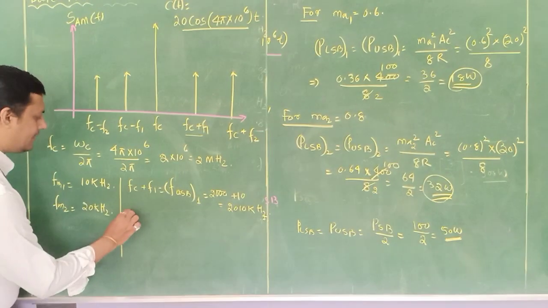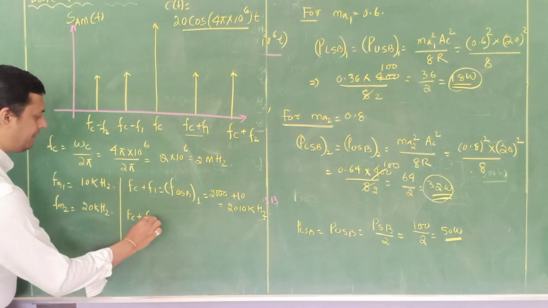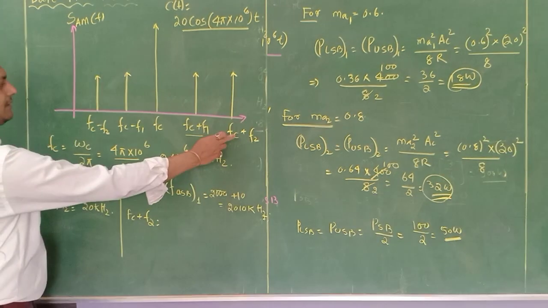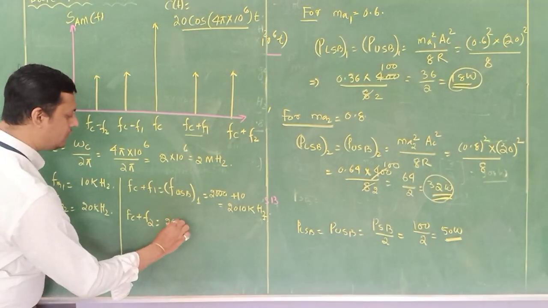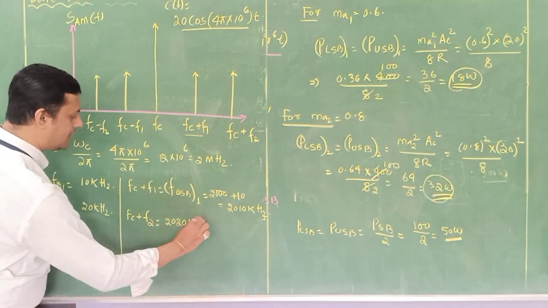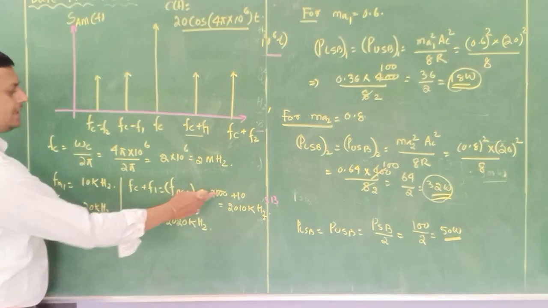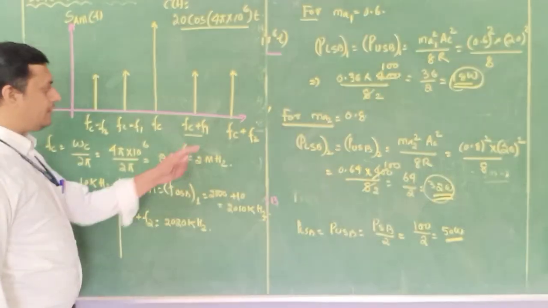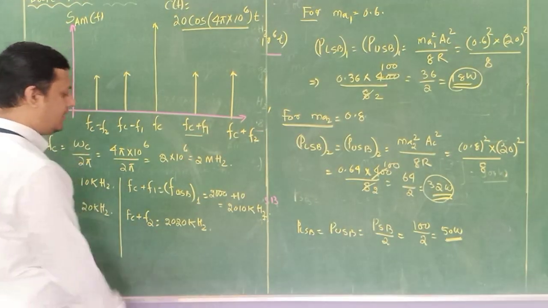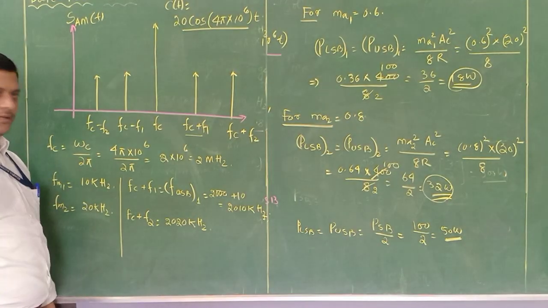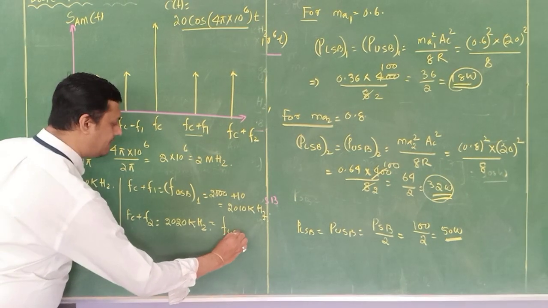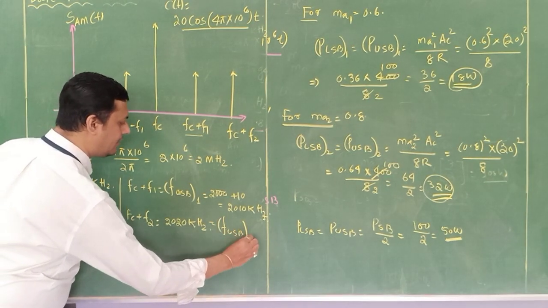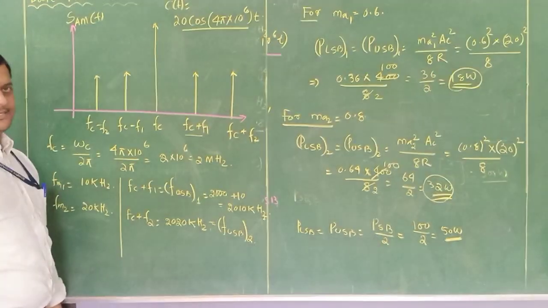Then Fc plus F2. F2 is how much? 20. So here we will get 2020 kilohertz, since Fc is 2000 and F2 is 20 kilohertz. This is the upper sideband frequency of the second modulating signal.